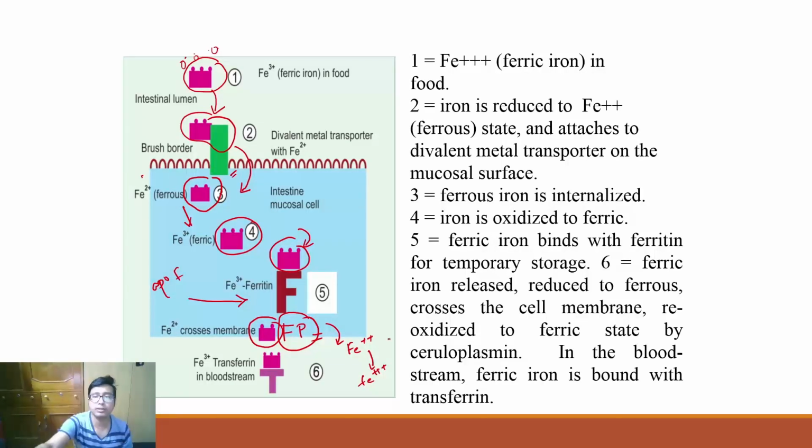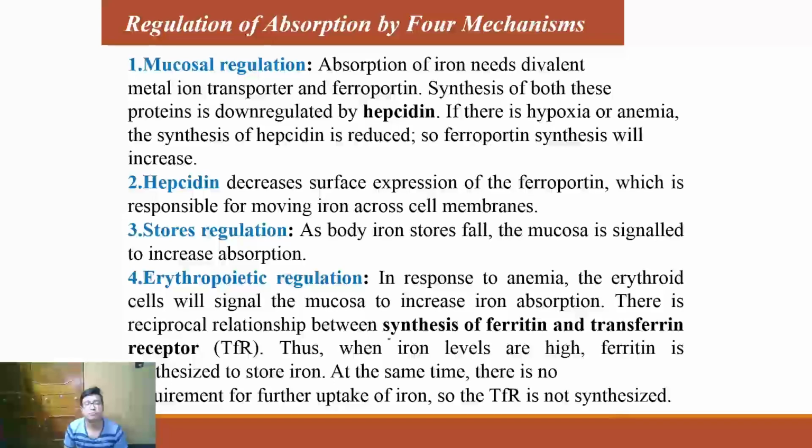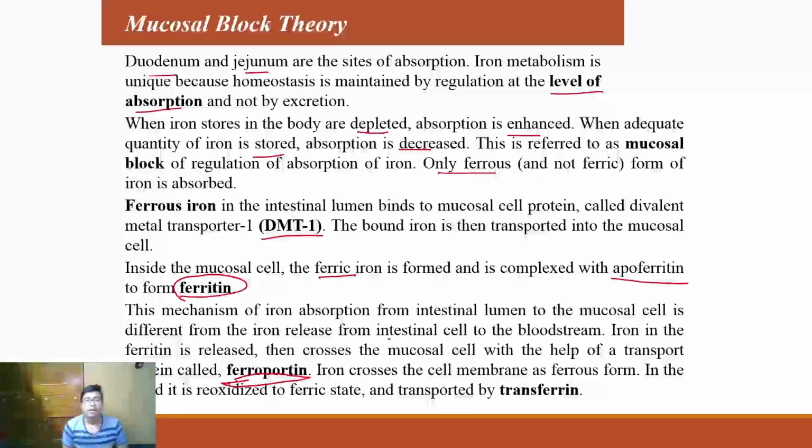So what happens when it gets converted to ferric form? See, iron crosses the cell membrane as ferrous form. In the blood, it is reoxidized to the ferric state and it is transported by transferrin. So there are a lot of steps.